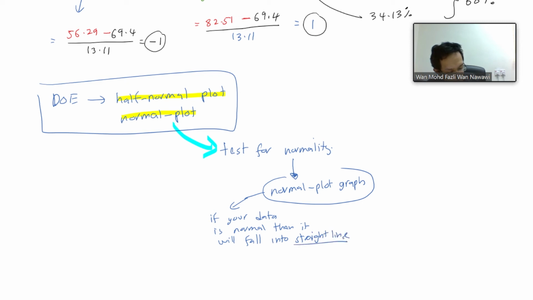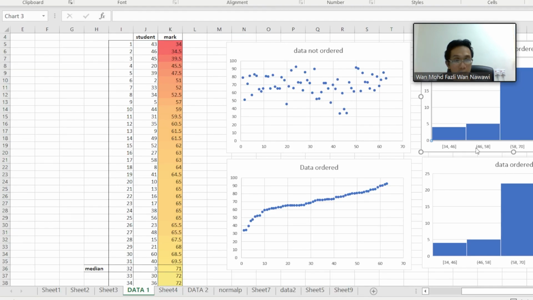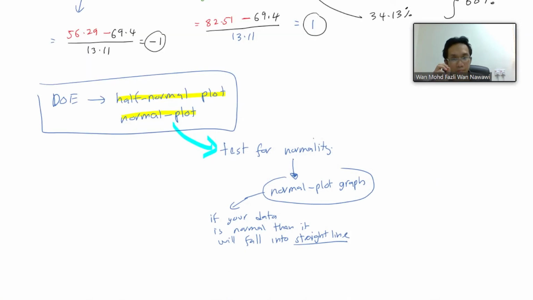If you have this data distribution it is simple lah, but sometimes you get something not clear, like a peak in the middle and so on. So this normal plot makes things easier lah. It will show you whether your data falls under the normal or not.